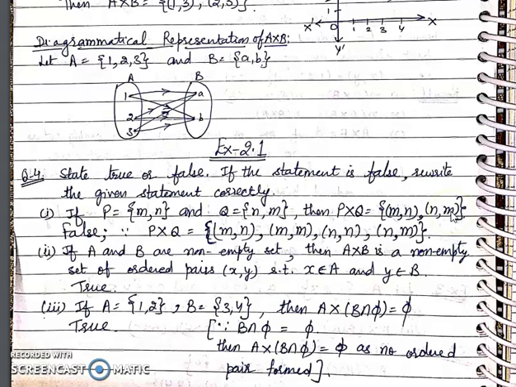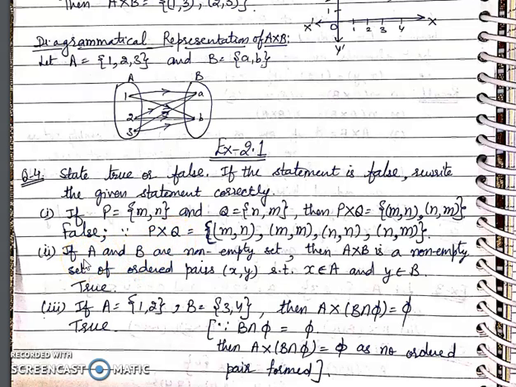So this statement is false because P has 2 elements, Q has 2 elements, so the total number of elements is 4. Here we associate only first with second. But it should be (m,n), (m,m), (n,n) and (n,m). So mm and nn are 2 other elements also in the set P cross Q.